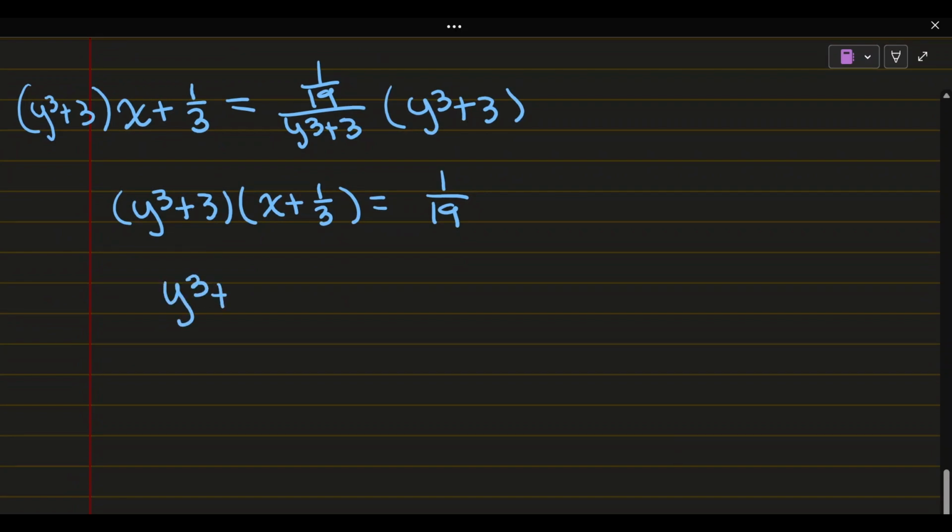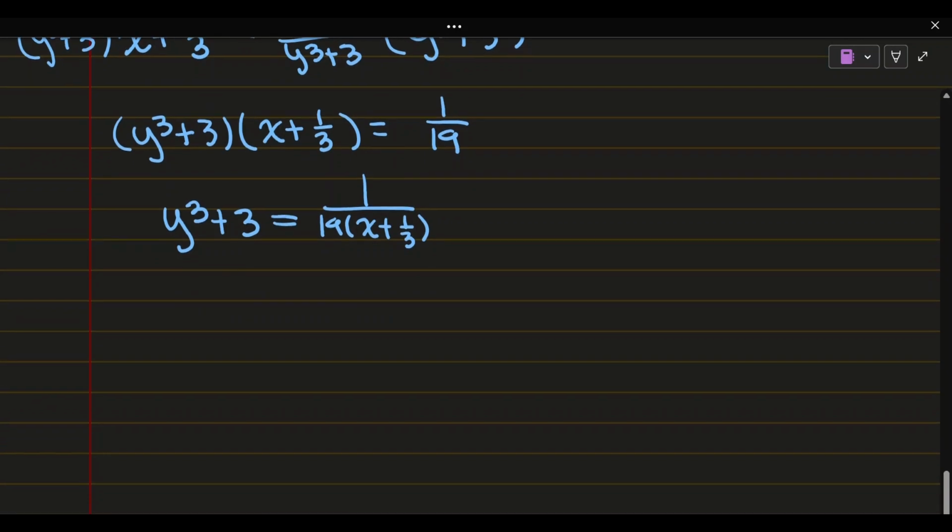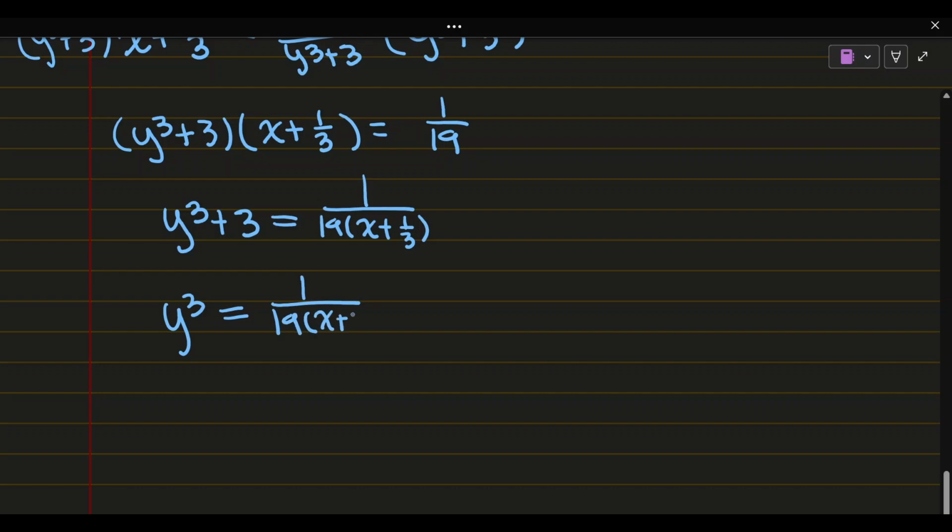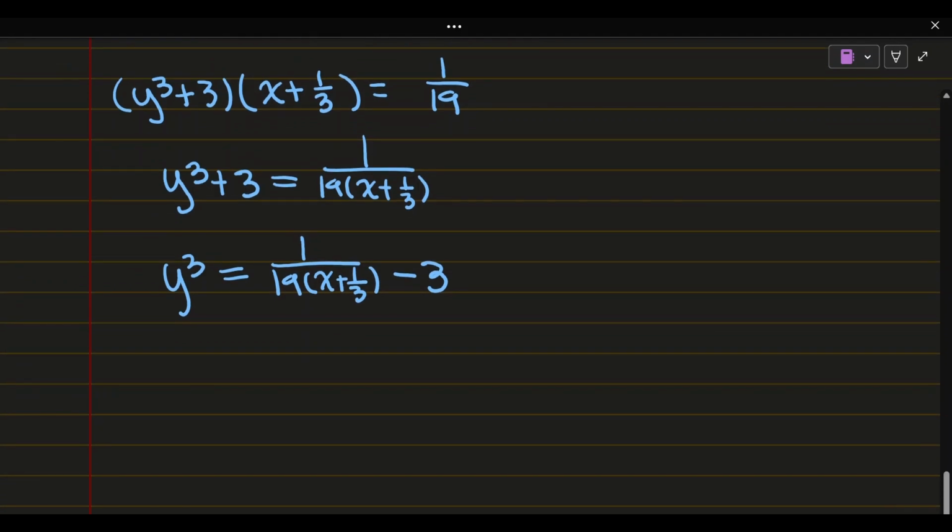So y cubed plus 3 equals 1 over 19 times (x plus 1/3). Then I can subtract 3 from both sides. Y cubed is equal to 1 over 19 times (x plus 1/3) minus 3. And then take the cube root of both sides. So y equals the cube root of 1 over 19 times (x plus 1/3) minus 3.